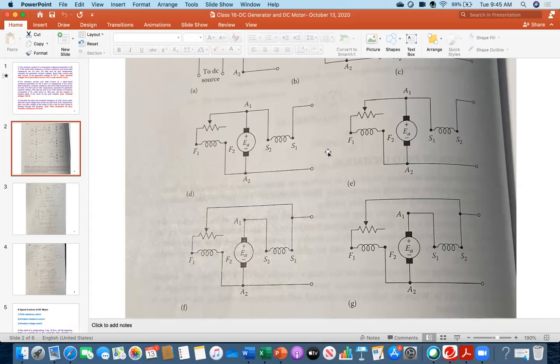You asked about the resistor right above or right underneath A1? Yes. Just between A1 and what is called the brush, the black colored brush. So here there should be the resistance RA.